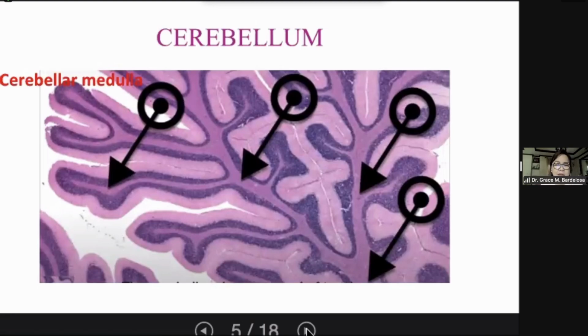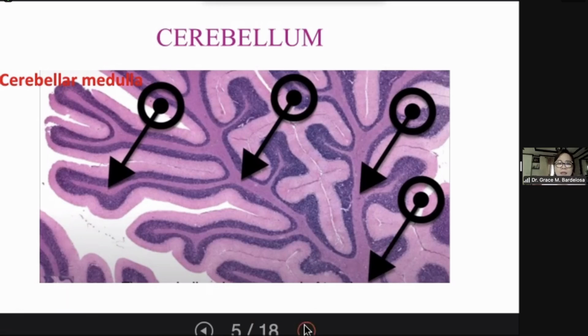Now, the cerebellum, like the cerebrum, also has 2 main layers, which are the cortex and the medulla. From this point up to that point is the cortex, and the inner layer, this portion that is being pointed by these very large arrows, is called the cerebellar medulla.